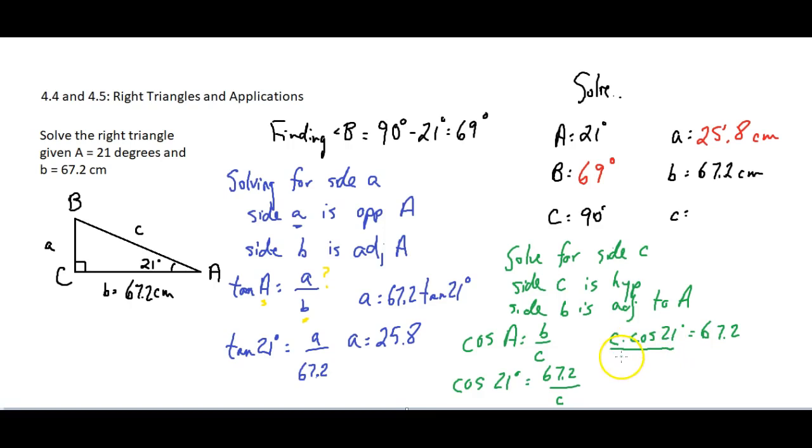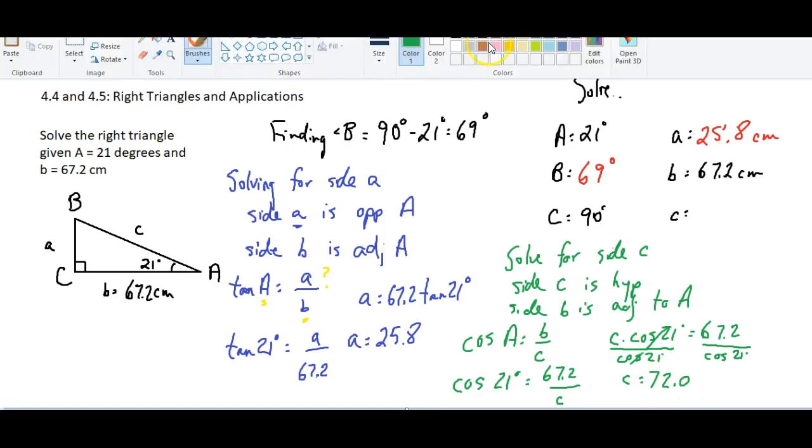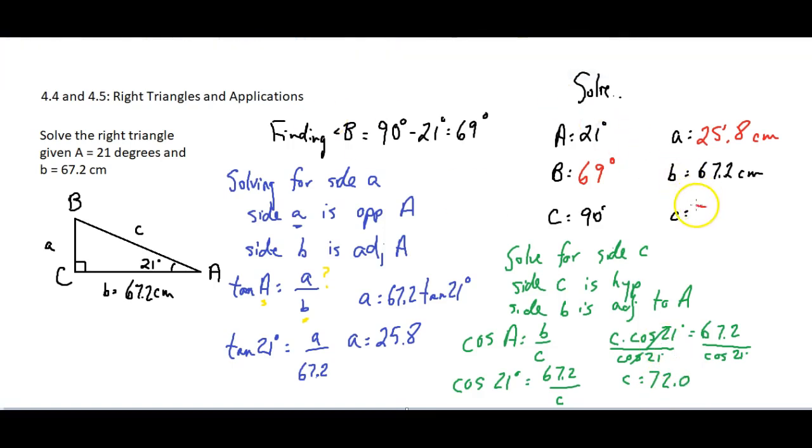Cos 21 over here, cos 21. That will cross those out. C equals 67.2 divided by cos 21, which is, if I'm going one decimal place, 72.0. And let's put that in our list of answers.